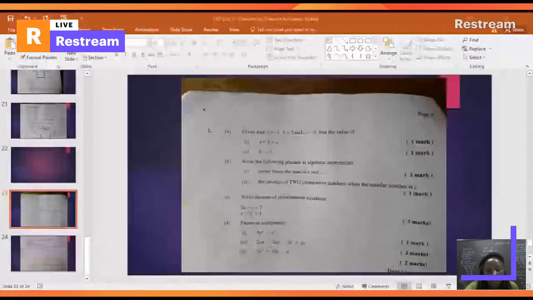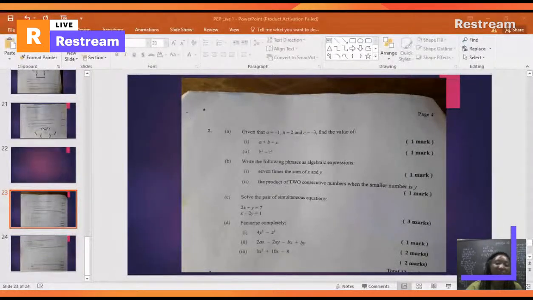So it's important to note that when we're substituting the value of C, we would have to bracket it, since we're dealing with negatives and we're going to square the negative. So we'd write it as 2 squared minus bracket negative 3 bracket and square, putting a square at the top of that. That's how we would set that out.